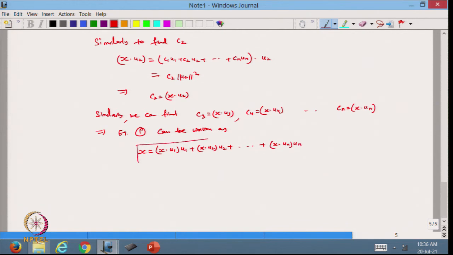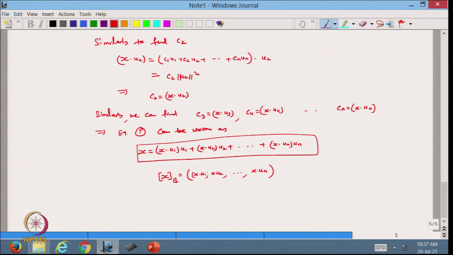By this way we are able to find the coordinates of a vector very easily, because we are just taking a dot product and that's it. So now you can see that the coordinates of x with respect to the basis are simply x dot u1, x dot u2, up to x dot un.